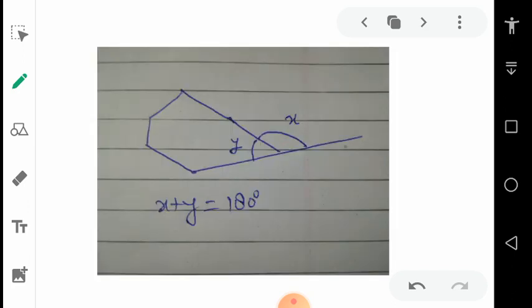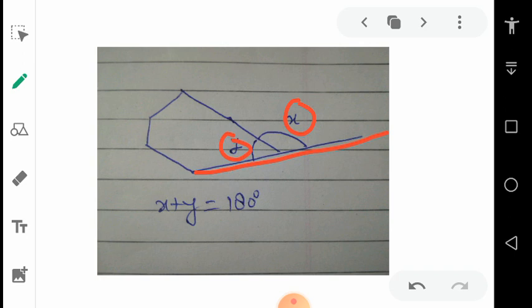See, again here is a pentagon. Don't think about a particular shape; this concept can be used for any other polygon such as a hexagon, octagon, even a triangle. It is a pentagon as there are 5 sides. You can see that an exterior angle x is there as this side is extended, and y is the interior angle at the same point.